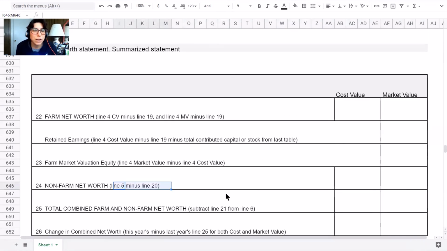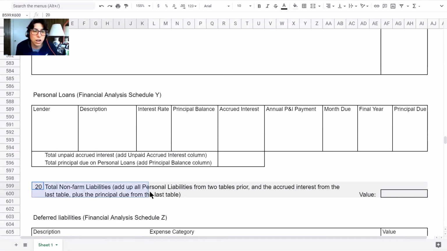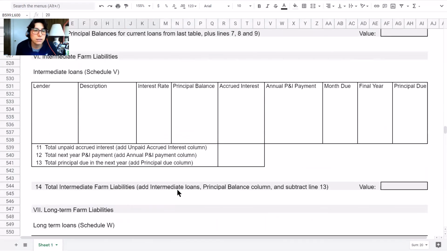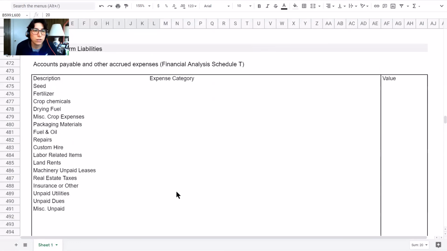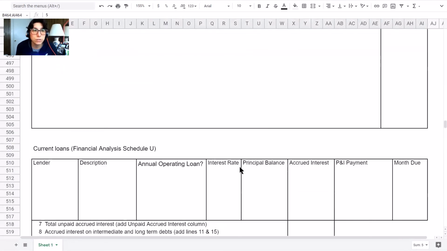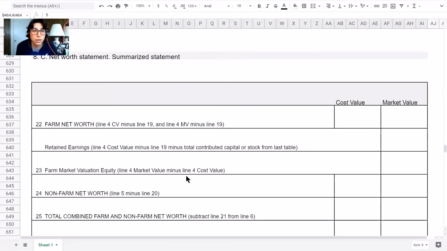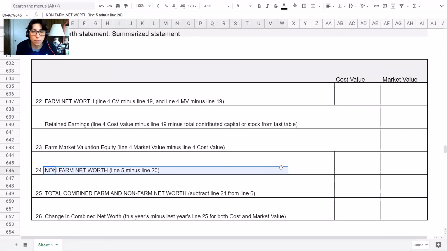So line 5 minus line 20, total non-farm liabilities, and line 5, total non-farm assets, okay? So that tells you your non-farm net worth. And you can do cost value and market value for that if you want.